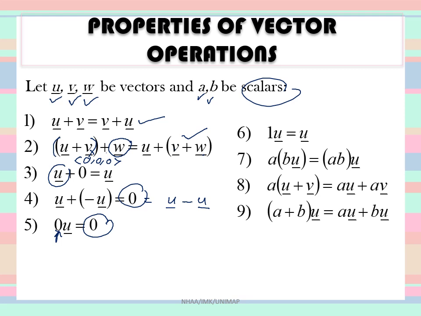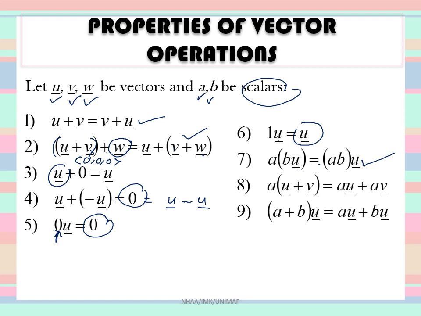If you multiply vector u by 1, that is equivalent to the vector itself. If you multiply scalars a and b to vector u, you can multiply the scalars a and b first and then proceed with multiplication with vector u. It's fine.